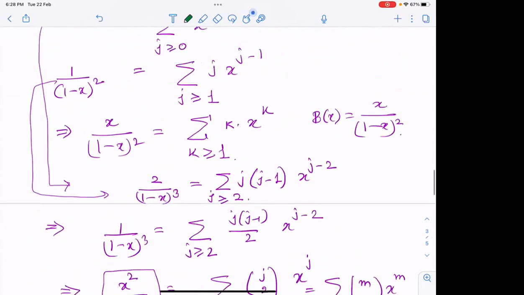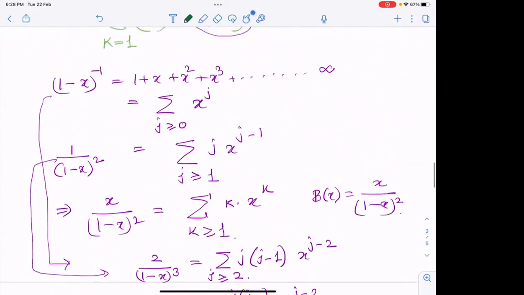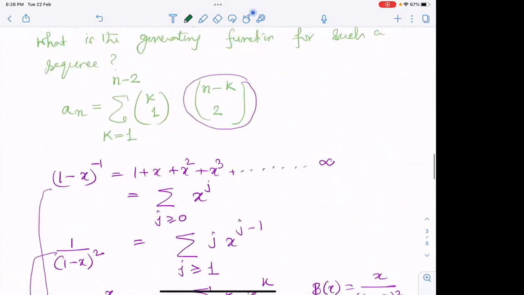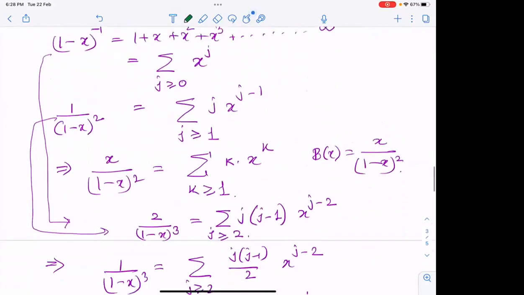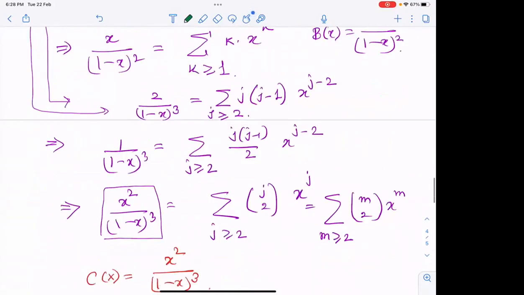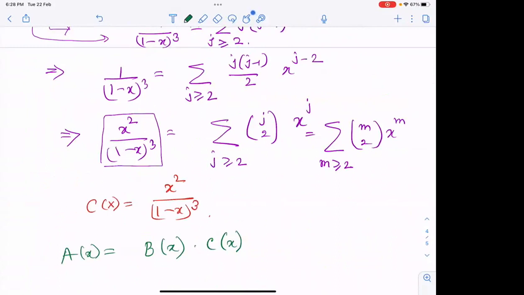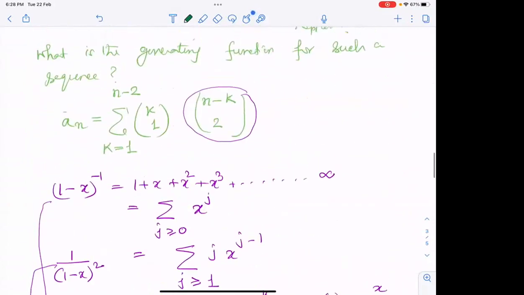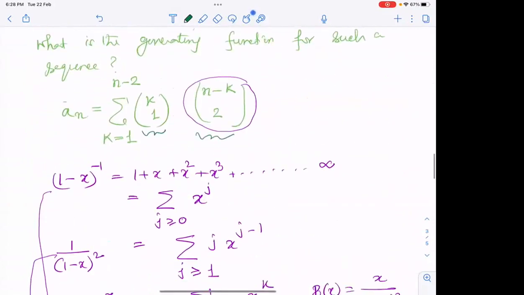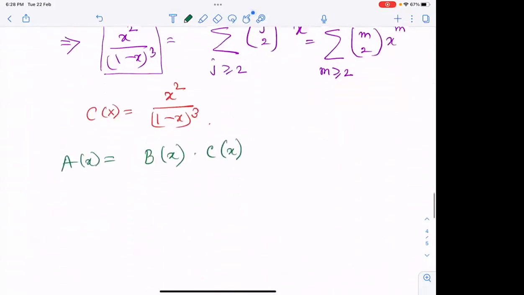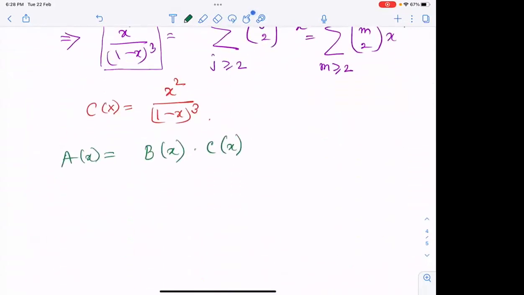So I set up two generating functions. What is the idea? I first found a combinatorial expression for a_n, and looking at that, I created by some manipulation two generating functions whose coefficients exactly capture this part and this part. And I noticed that my generating function a(x) is just a product of b(x) times c(x).